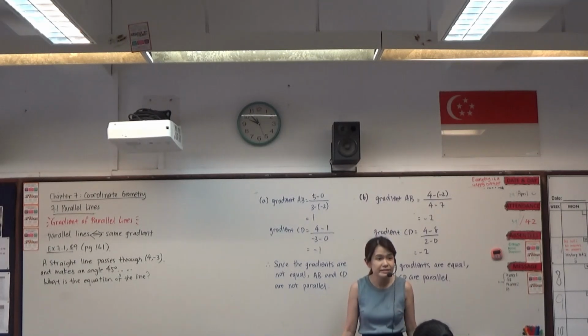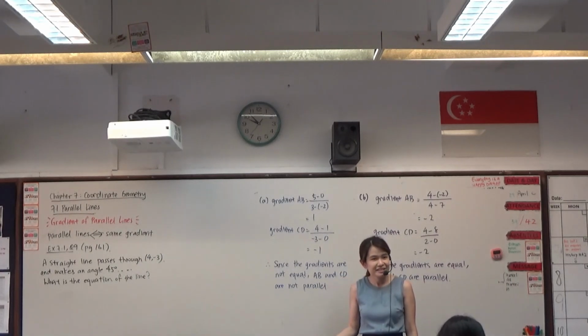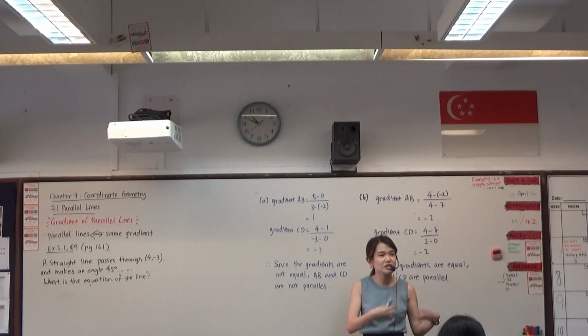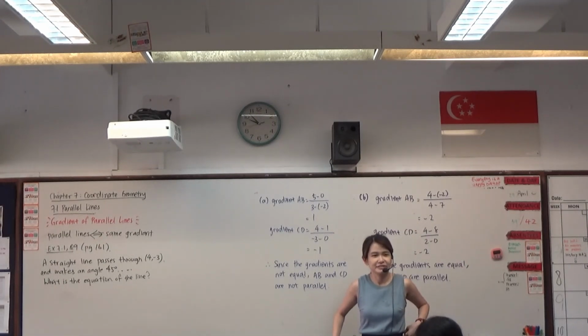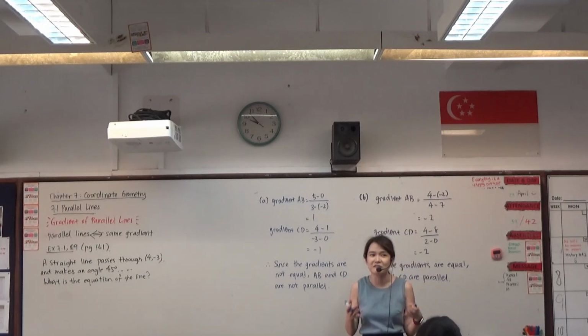We did it in E-maths. What do we need in order to find the equation of a straight line? We did it in E-maths in chapter 4.3 on equation of a straight line.